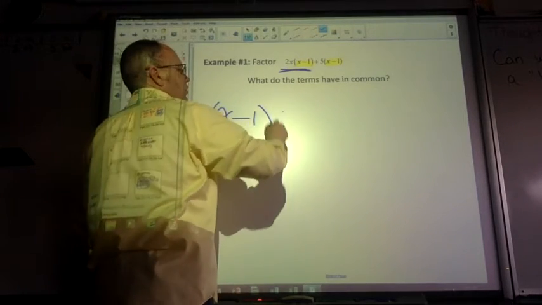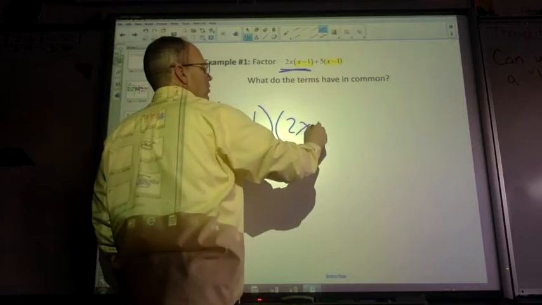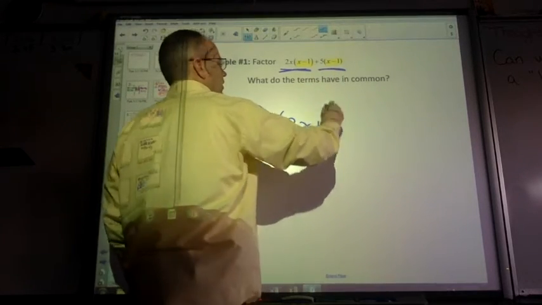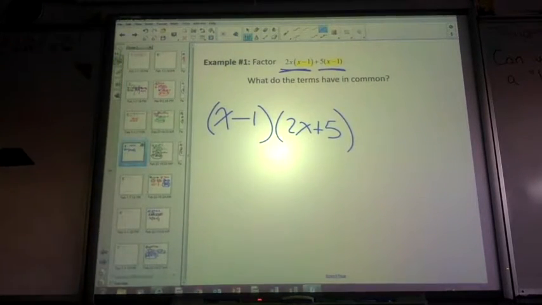I'm left with a 2x, that plus, and the 5. Done. So the greatest common factor can be a binomial as well. Huh. What do you think? That's tough.